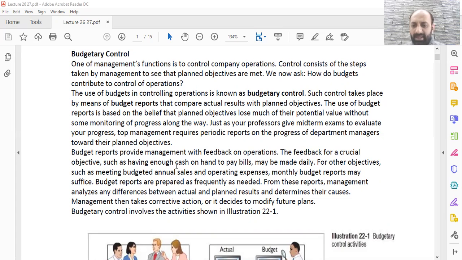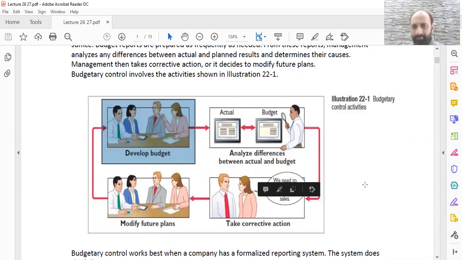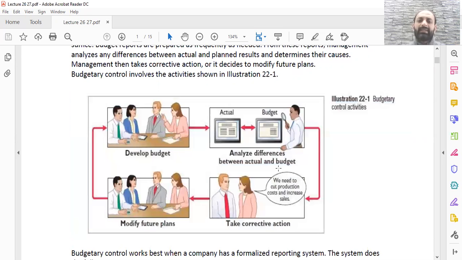Now, what are the budgetary control activities? होता यह है कि initially you have made the budget as we made in lectures 23, 24, 25. Once you have made the budget, then you analyze the difference between the actual performance and the performance according to your budget. Obviously, जो performance होगी, either it will be according to the budget, or it could be better than the budget, or it could be worse than the budget.